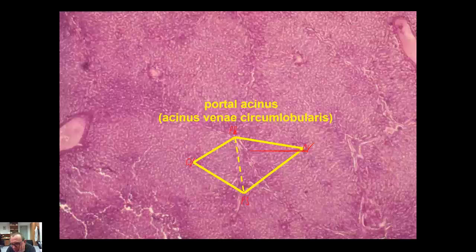I don't know if we can see it here, but maybe circumlobular vein, and these 2 triangles are parts of 2 neighboring hepatic lobules which are supplied by blood from this one circumlobular vein. Probably portal acinus is the most important unit of liver parenchyme from the functional and pathological point of view.